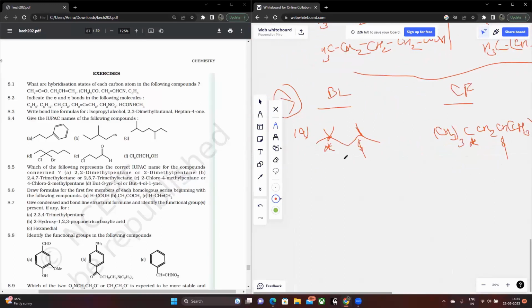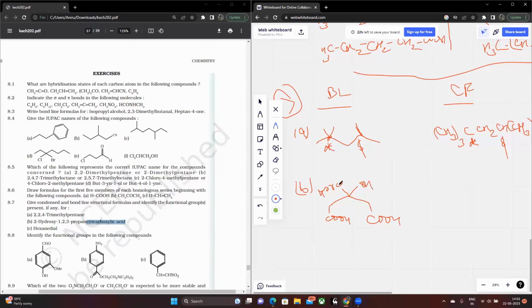B is 2-hydroxy-1,2,3-propane tricarboxylic acid. First things first, it's a tricarboxylic acid at 1, 2, 3. So you have a COOH over here, a COOH over here, and then a COOH over here, and this is your alcohol.